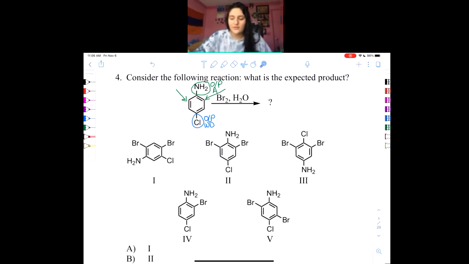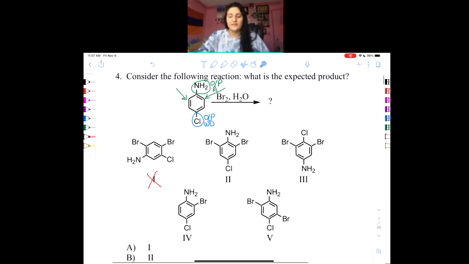In our answer choices, 1 is ridiculous because it just moved the chlorine around, so that's not going to work. Then 2 looks kind of weird, but it is reasonable, so we're going to leave that. For 3, they did ortho to chlorine, and we know that's not what will happen, so we're going to get rid of that.